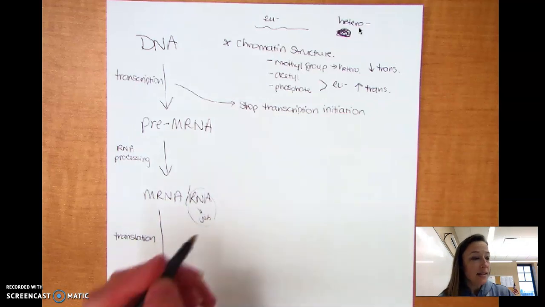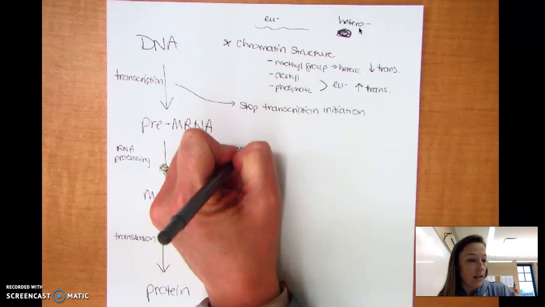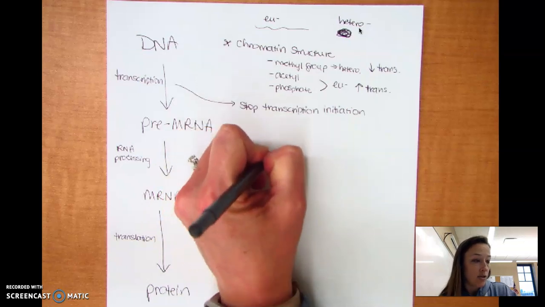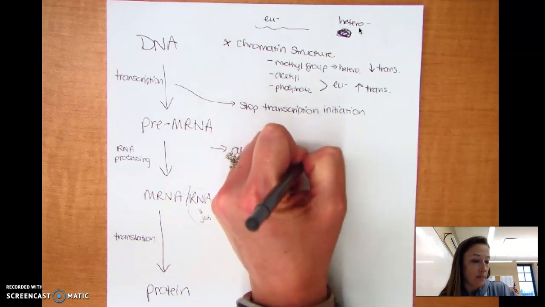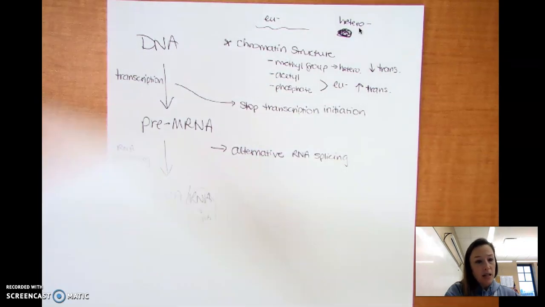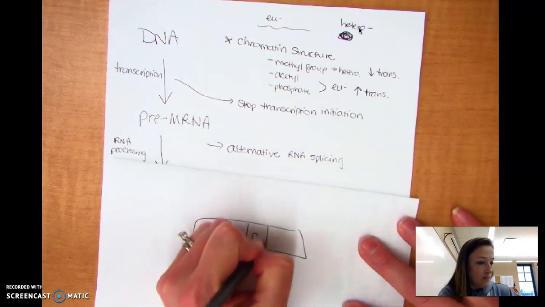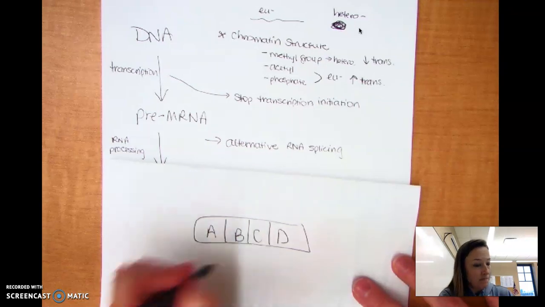The next thing we can do is control RNA processing, and the main way we do that is by using alternative RNA splicing. If you'll remember, alternative RNA splicing is where, let's say that's my gene.